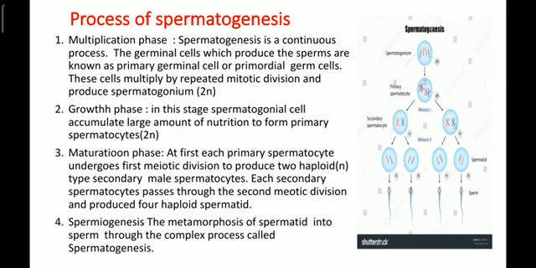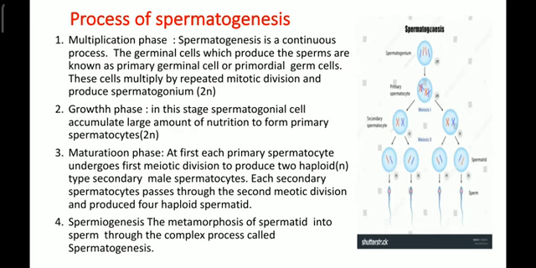So the spermatogonium cell contains 2n chromosomes, the diploid number, and this spermatogonial cell accumulates a large amount of nutrition to form a primary spermatocyte, which also contains the diploid number of chromosomes.